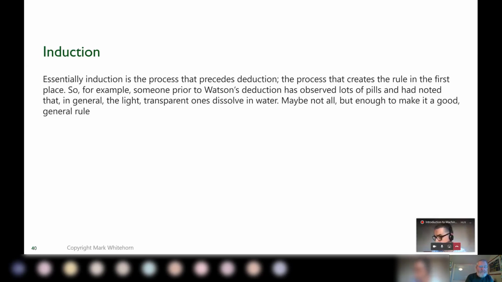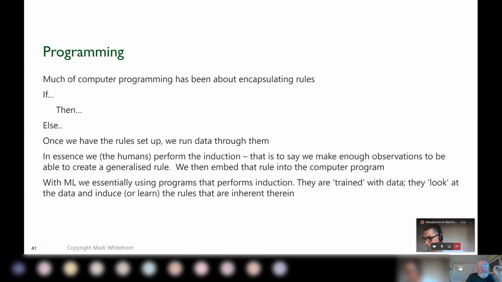Deduction is using it. Now think about traditional programming, and I'm sure the majority of you have done some programming. Programming is very often about encapsulating rules. If it's a biplane, then it's going to be slow. Otherwise, we don't know.